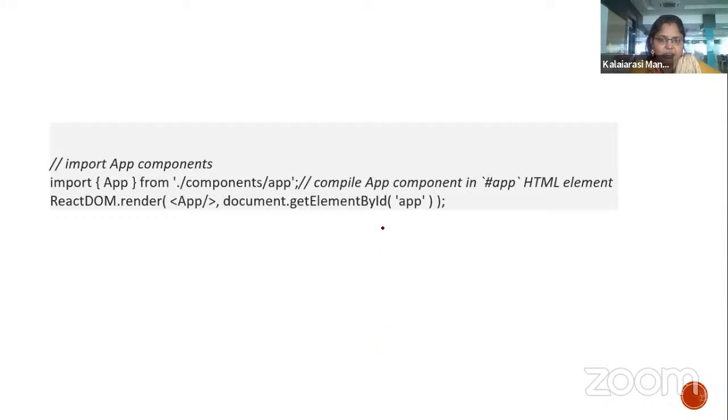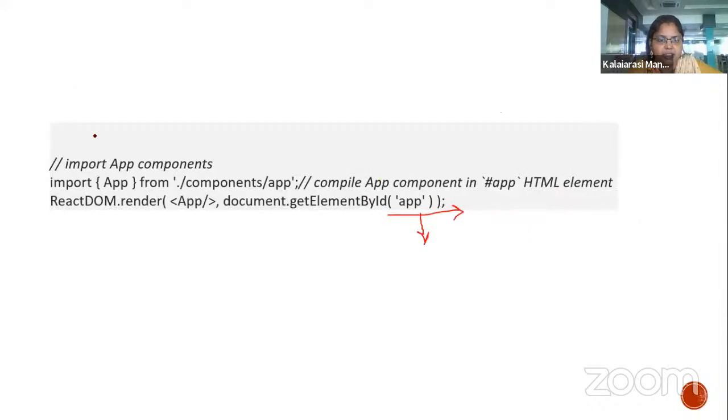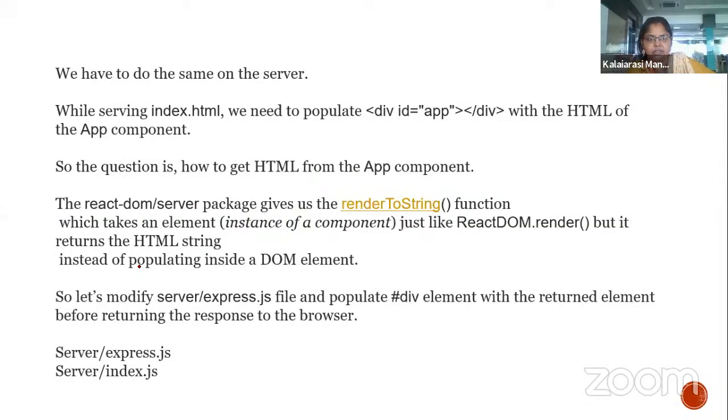So if you find here, this is the way we are accessing the root element. This syntax everyone is familiar with, right? So this is how it uses ReactDOM.render. This is the default statement which we have to always remember, how ReactDOM uses its render function to render our JSX wherever needed.